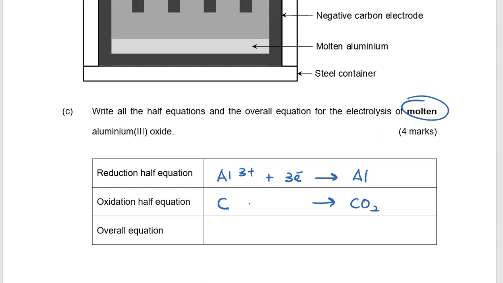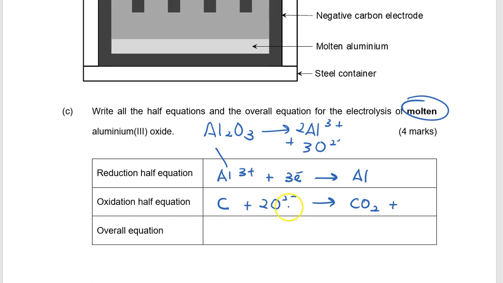Okay, now how are you going to end up with your O2? Now remember, this thing here came from Al2O3. Now this Al2O3 is molten into Al3+, okay, and oxides. So can you add oxides here? Yes, you can. Okay, and all you have to do now is to balance the equation.